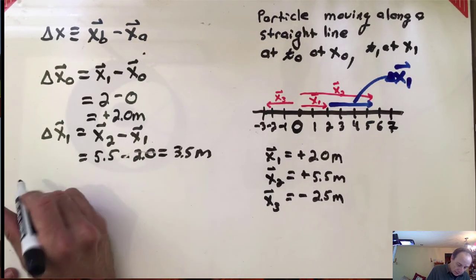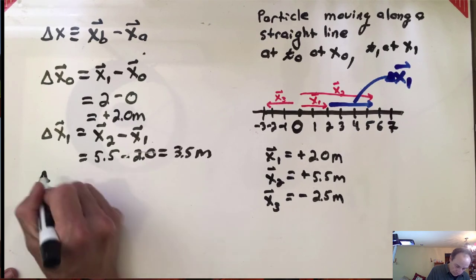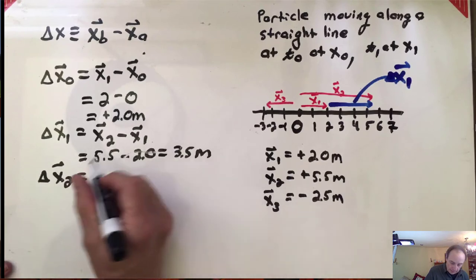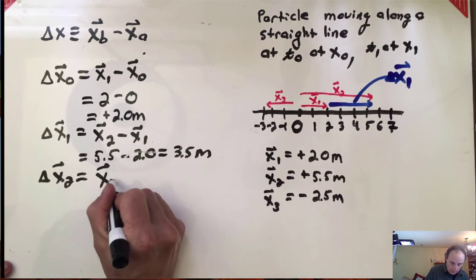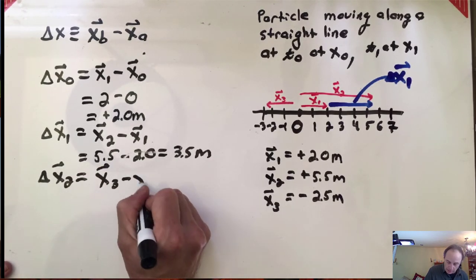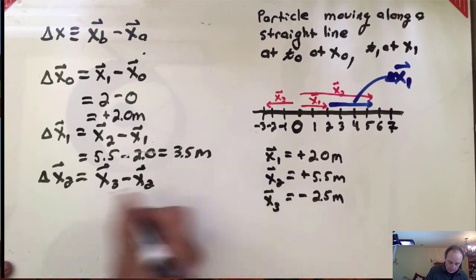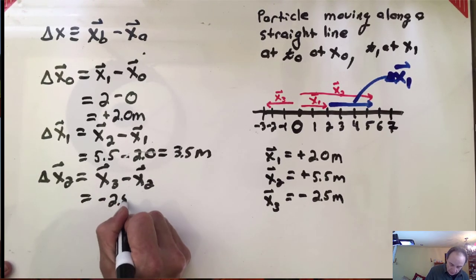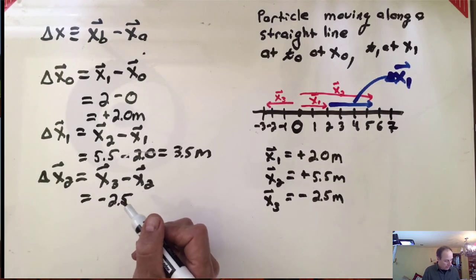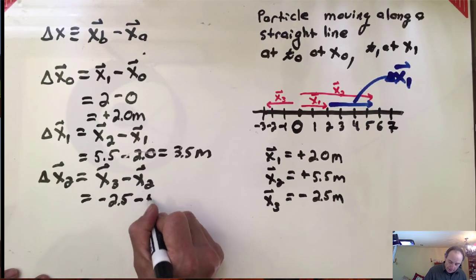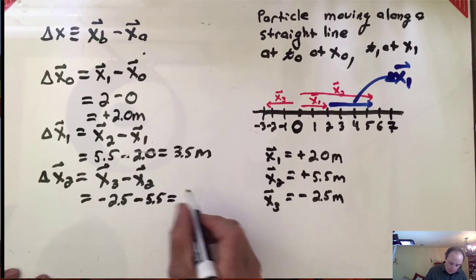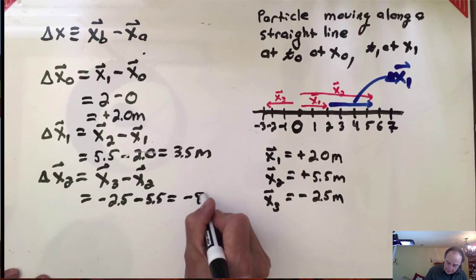Okay, delta x2. Same pattern, right? x3 minus x2. That is minus 2.5 minus 5.5, which equals minus 8 meters.